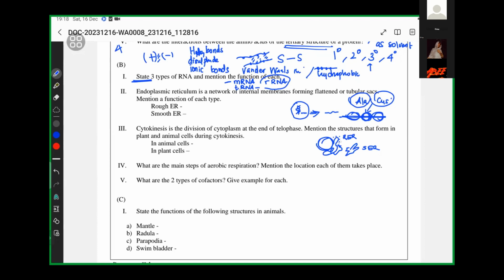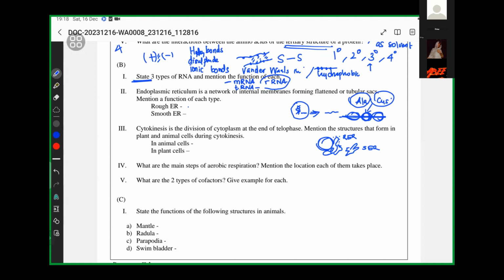So the rough ER or rough endoplasmic reticulum is a main part of protein synthesis. And it can also synthesize glycoproteins. Glycoproteins, you know, are a combination of carbohydrates and proteins. And the next thing is it can produce vesicles.